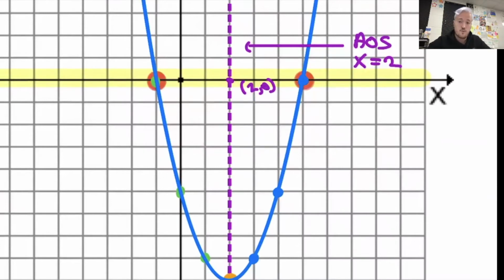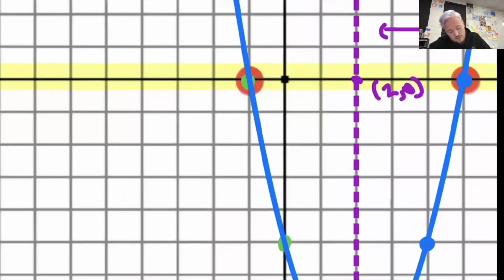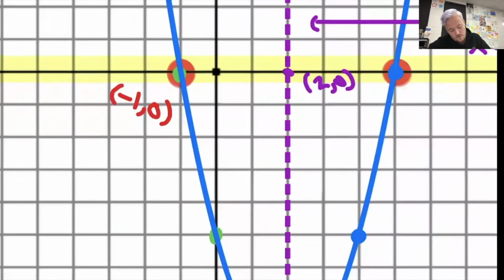Just a reminder, we can have up to 2 different solutions. I can write these either as independent x values, or as actual coordinates. The solution on the left is -1, 0, and the solution on the right is 5, 0. That's what I want to write for my solution.